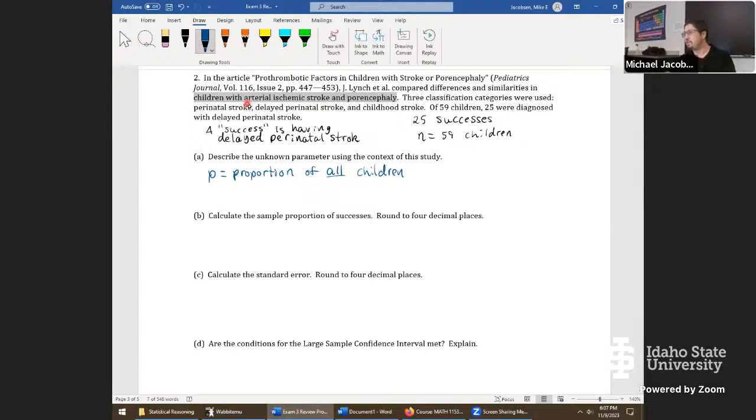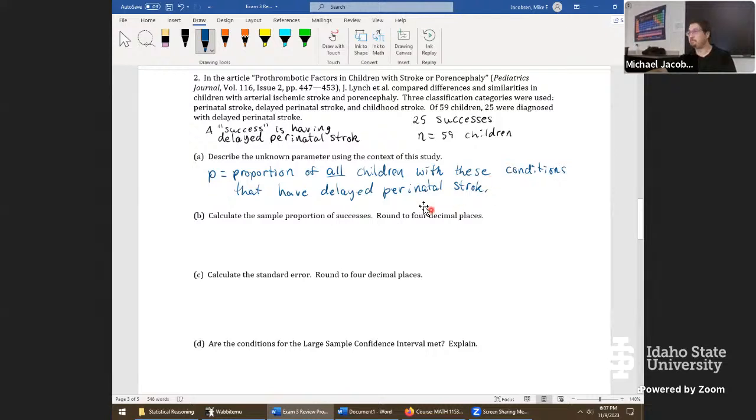Let's say proportion of all children with these conditions that have delayed perinatal stroke. We would definitely want to get that portion in from the context, because that's what the success is describing.